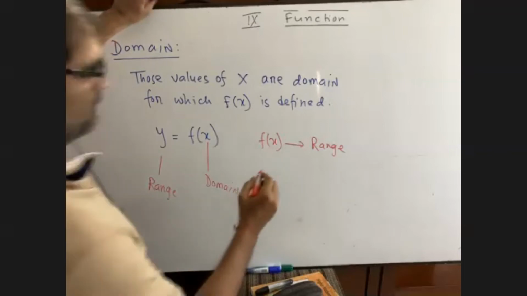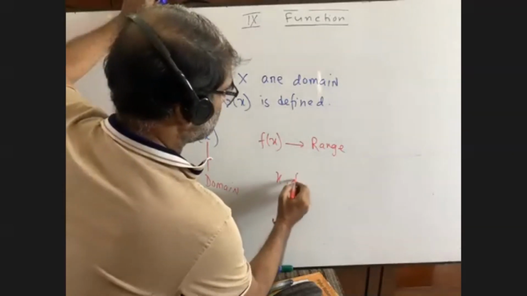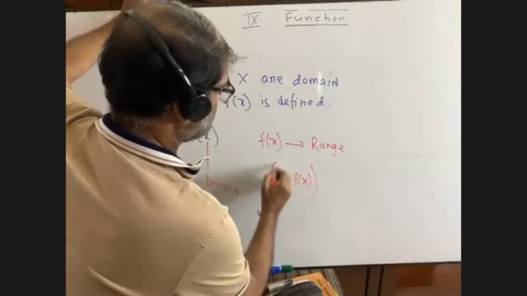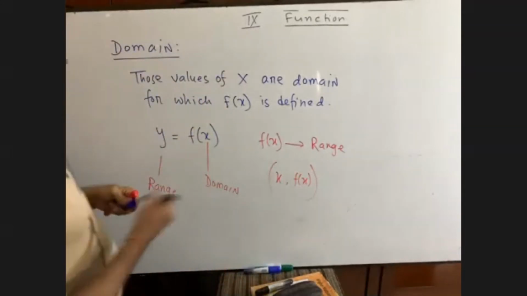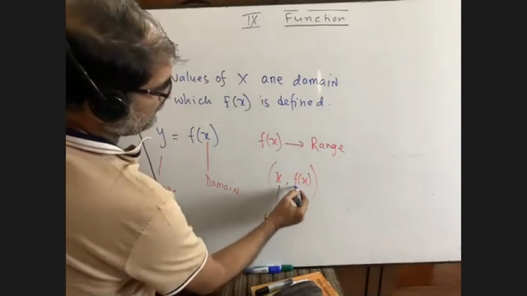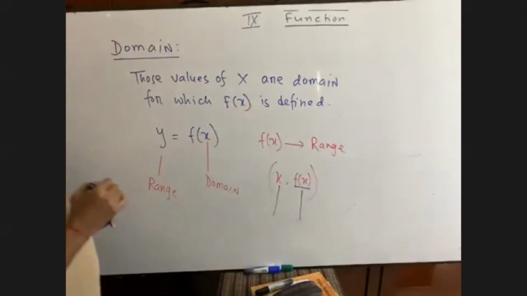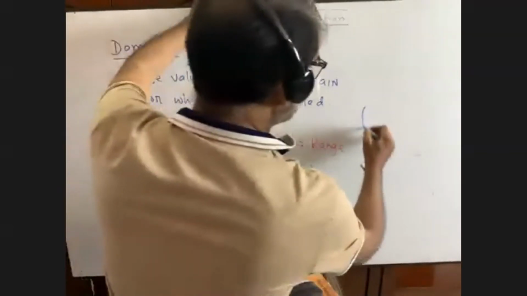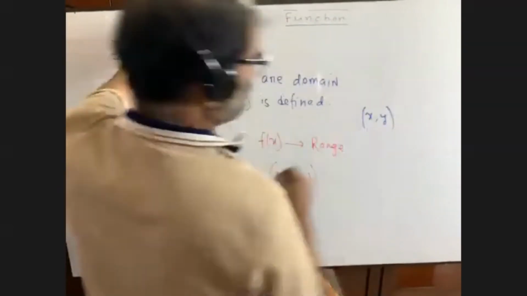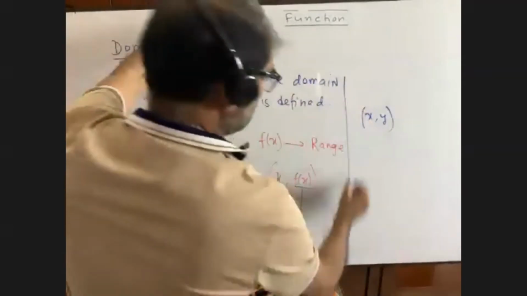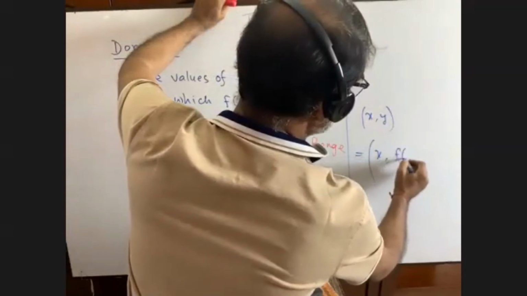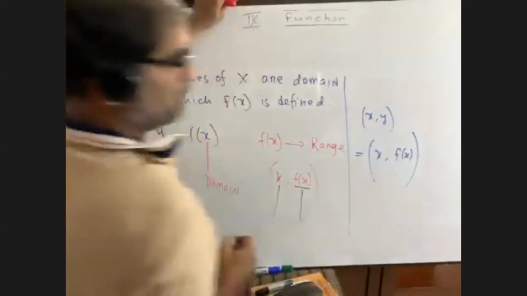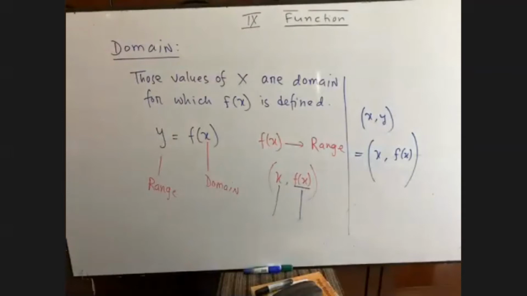That means x comma f(x). If it is an ordered pair, then this is domain and this is range. Please try to understand. We are habituated to writing x comma y. So what is the value of y? F(x).